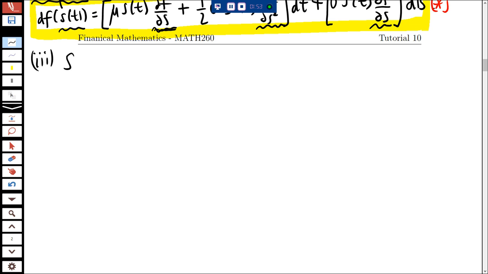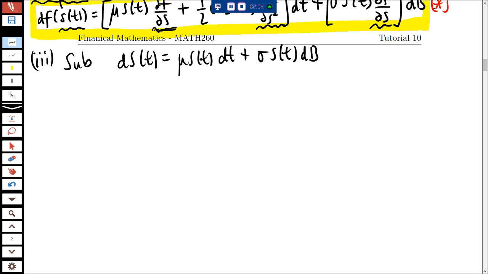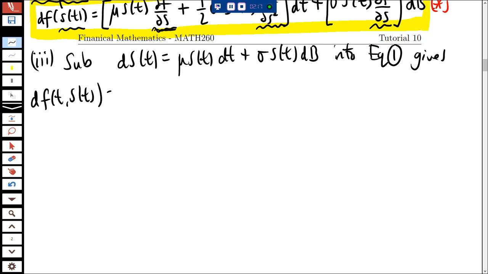Okay, so I'm going to sub ds, which follows geometric Brownian motion, into equation 1. And this gives df, which now depends on two arguments. Okay, there's going to be two extra terms.